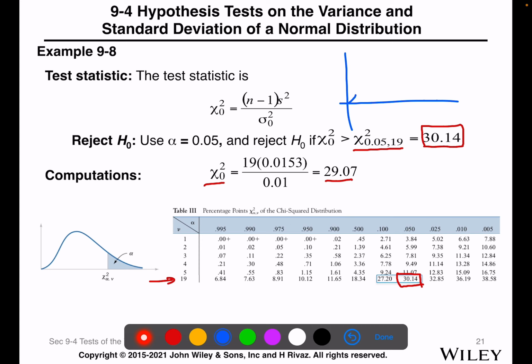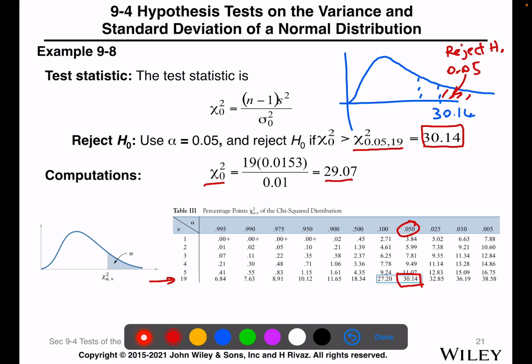This is 30.14, right? And if we are here, we reject. Or in other words, the area under the curve from this point is 0.05, right?